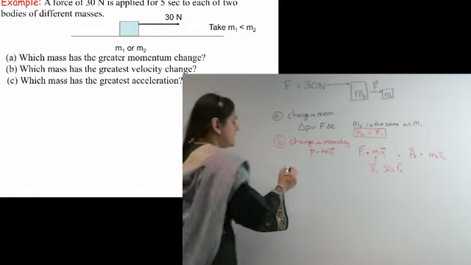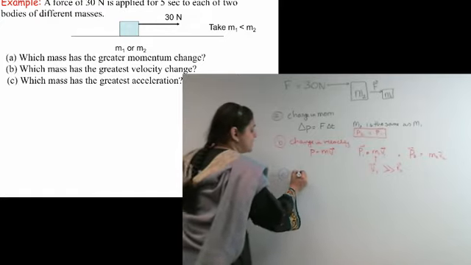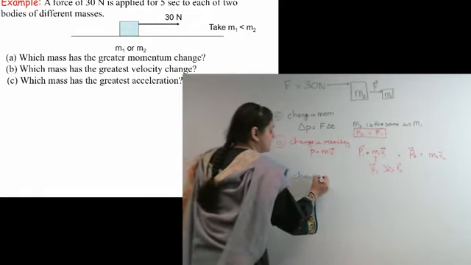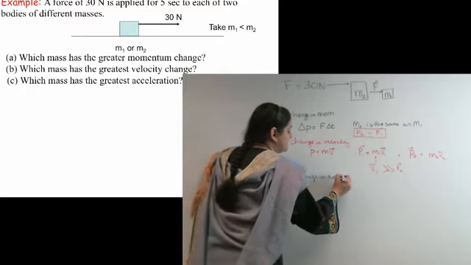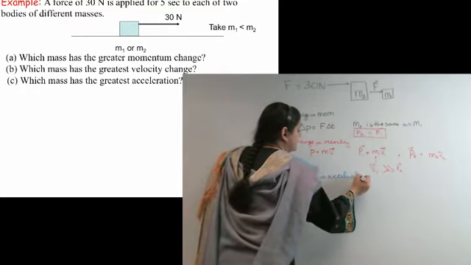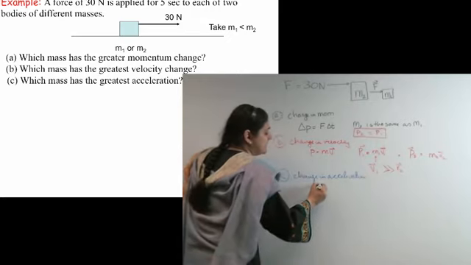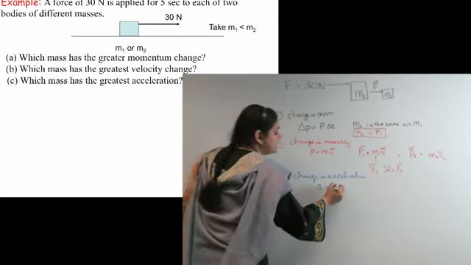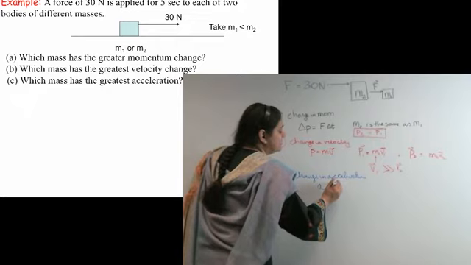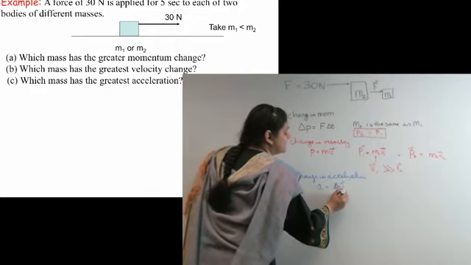And part C says, which is the greatest change in acceleration. This will be a is dv, or delta V, over delta t.